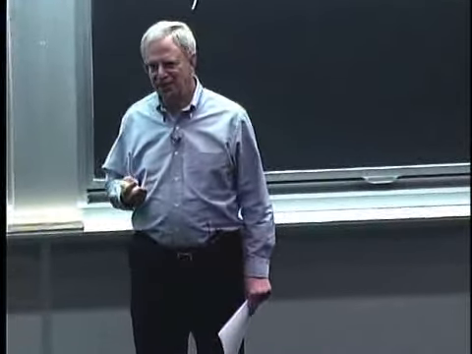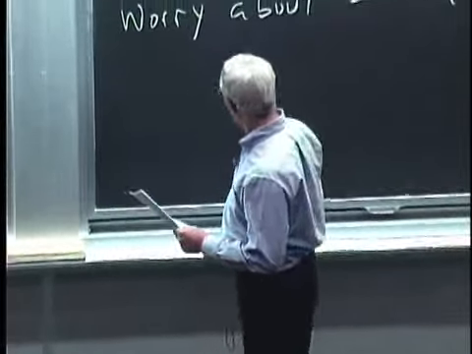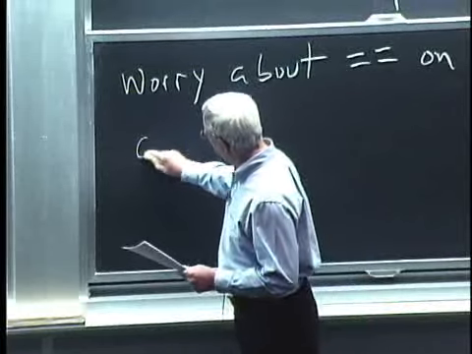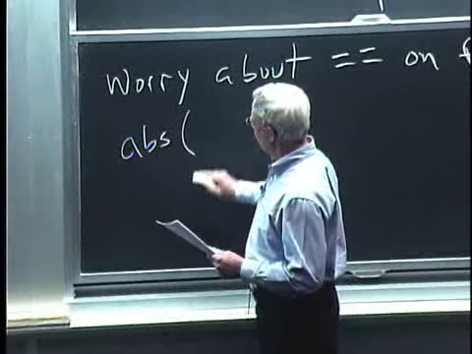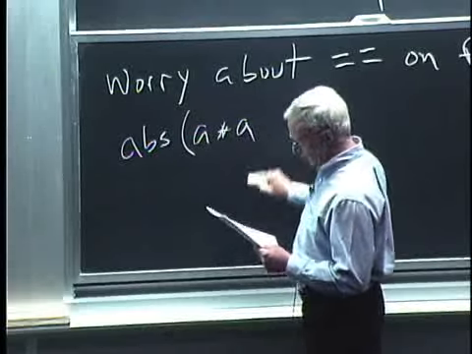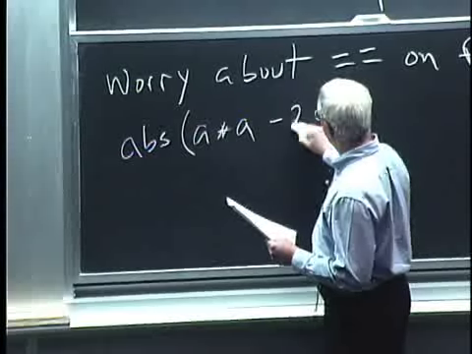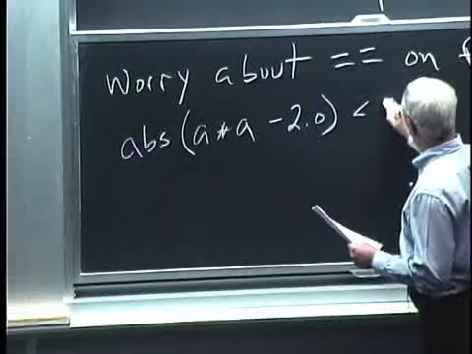You should always be testing for close enough. So typically, what you want to do in your program is ask the following question. Is the absolute value of a times a minus 2.0 less than epsilon?